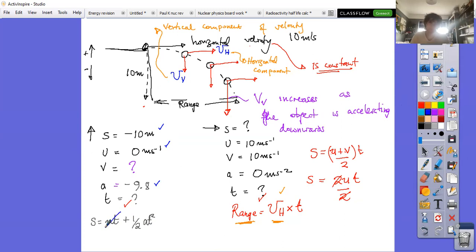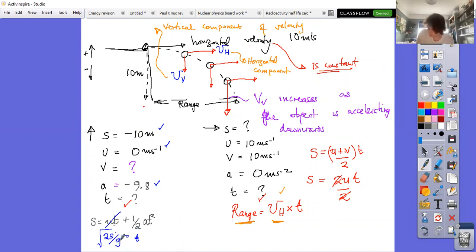So that goes 0 times time. So if I rearrange this now, I get 2S over G, square root, gives me the time. And now, again, because of my convention, this is minus 10 divided by minus 9.8.